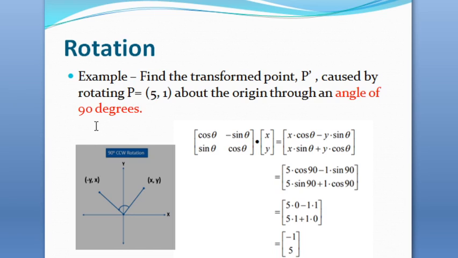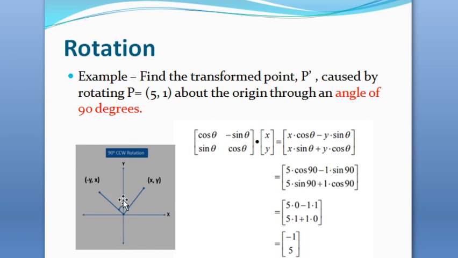Here the rotation angle is 90 degrees. The initial point P is (x, y) = (5, 1), rotated by 90 degrees. The rotation matrix [cos theta, minus sin theta; sin theta, cos theta] is multiplied with (5, 1). We get the formula here. Substituting this, we get (minus 1, 5).